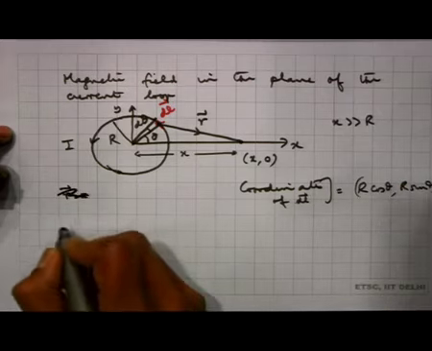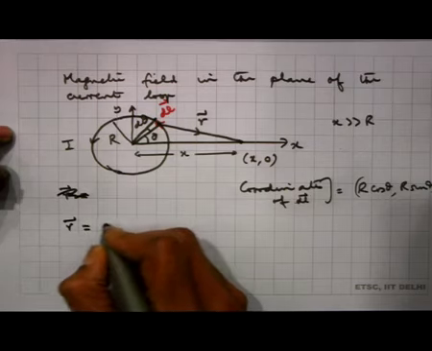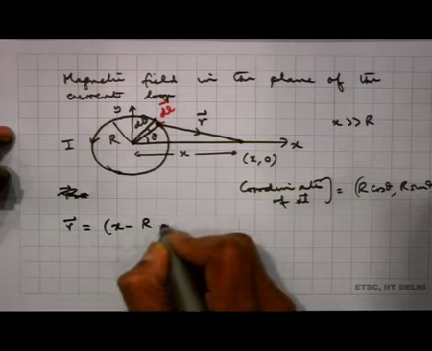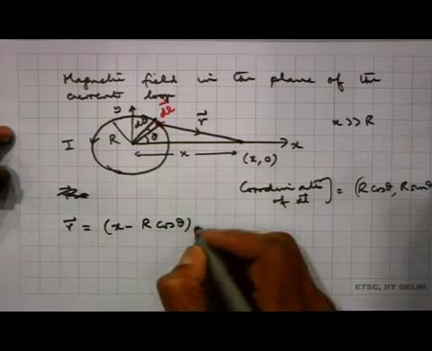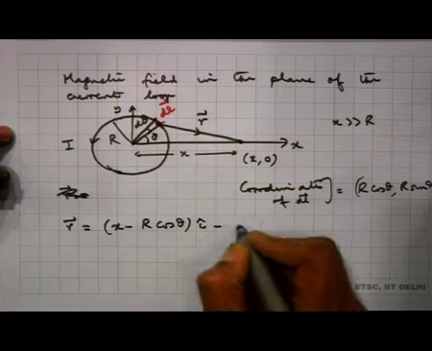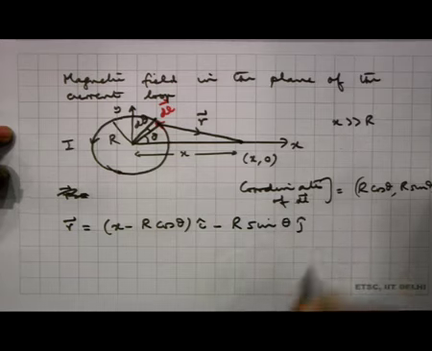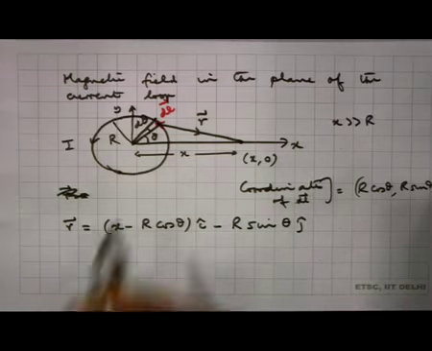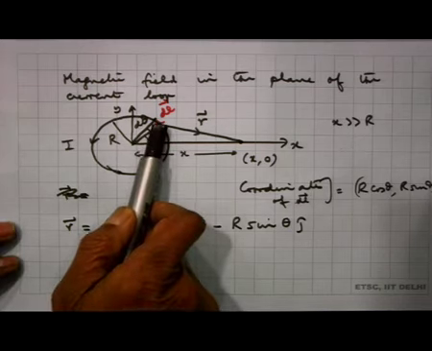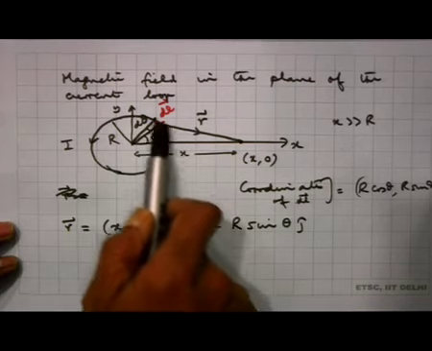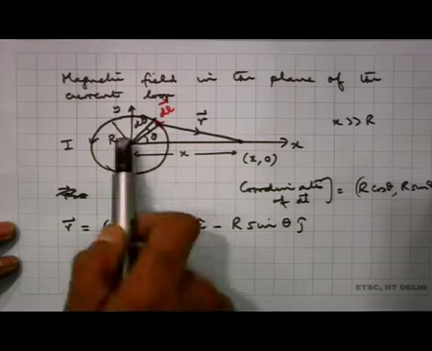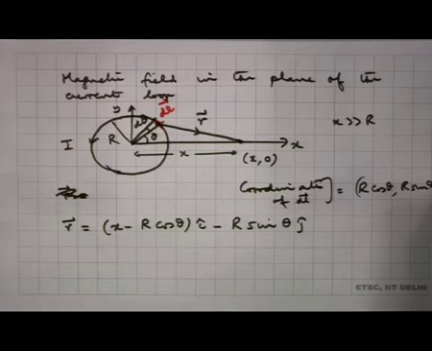So, the r vector will be (x minus r cos theta) i cap minus r sin theta j cap. This is my r vector, and as theta changes, as I move my dl current element along the loop, theta changes and this r vector changes.